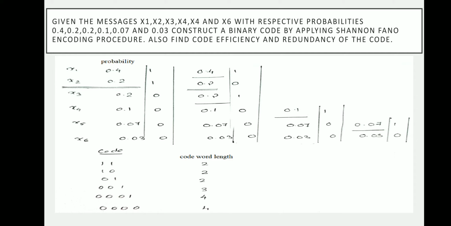Then again we divide the first group, with the same or nearly equal probability, as x1 and x2. x1 is assigned code 1, and x2 is assigned code 0.